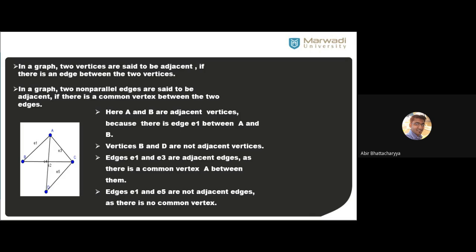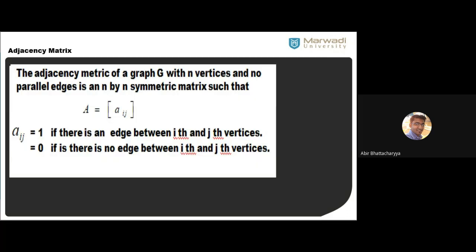We have already studied them in the first unit, and this is unit number 4. There is some use of adjacent vertices and adjacent edges after this, because we construct the matrix using this adjacency. We will construct the matrix from a graph using the concept of adjacency. So let's check how we can construct it. This is the way to construct the matrix.